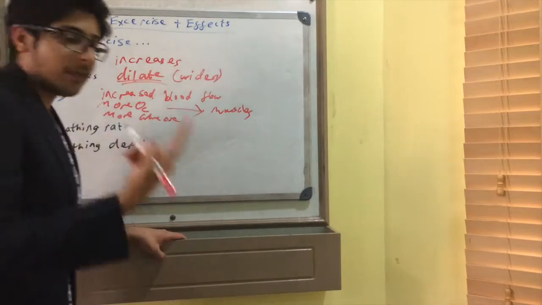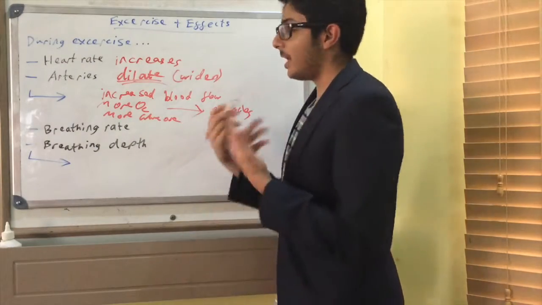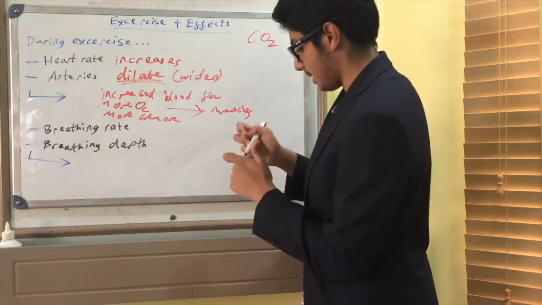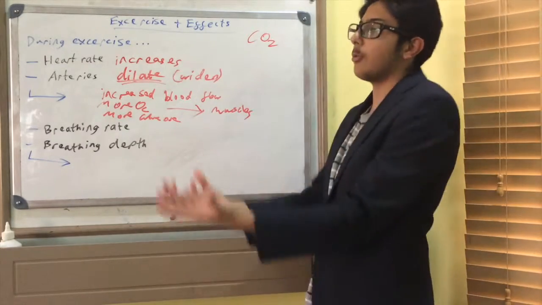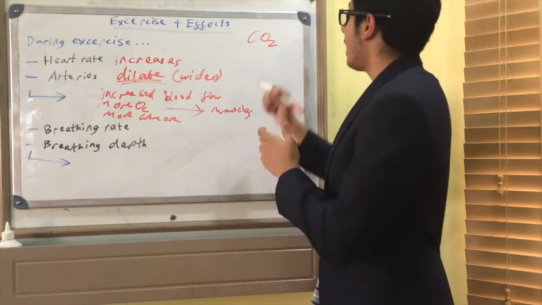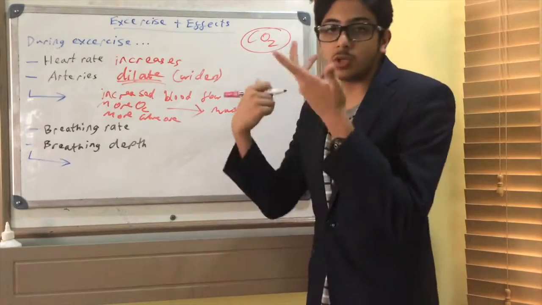And one other main thing is, remember, respiration, especially aerobic respiration, carbon dioxide is produced, and carbon dioxide is actually a poisonous gas, which is why you breathe it out. It's a waste product of respiration. And the carbon dioxide, if it builds up, it's going to kill you because it's toxic.